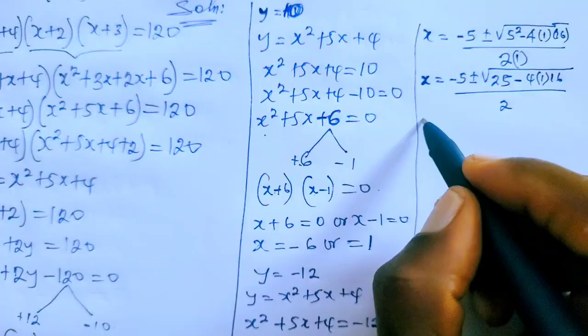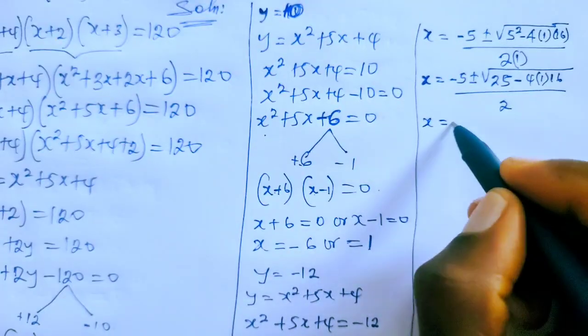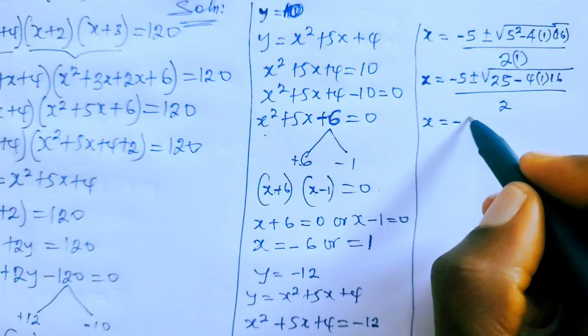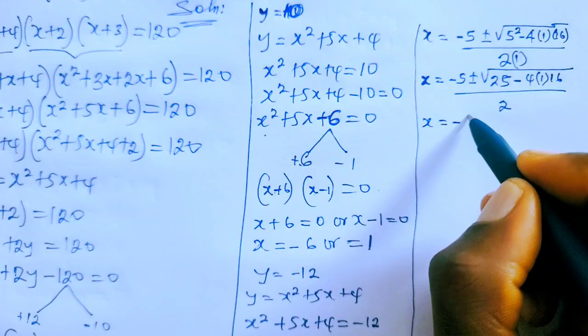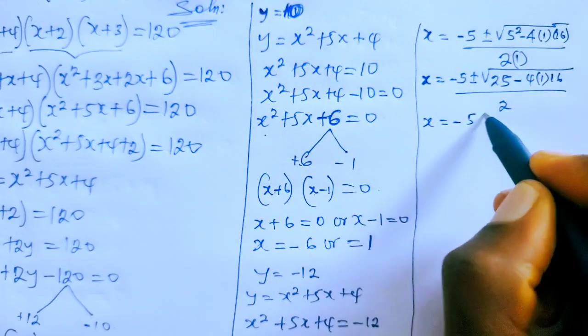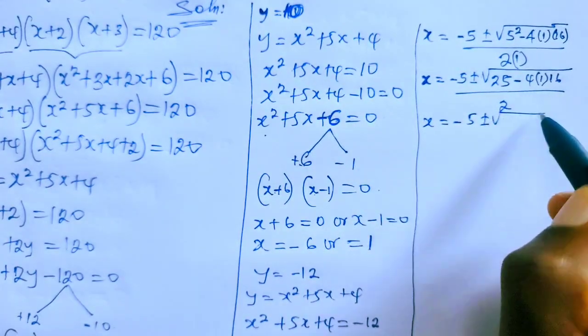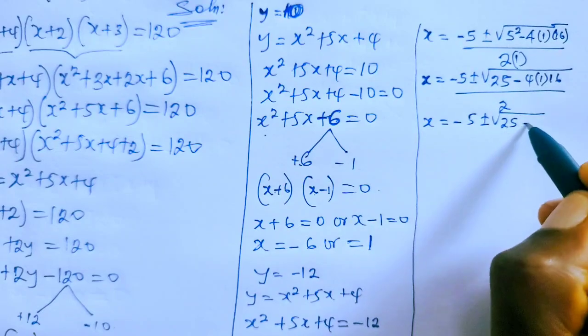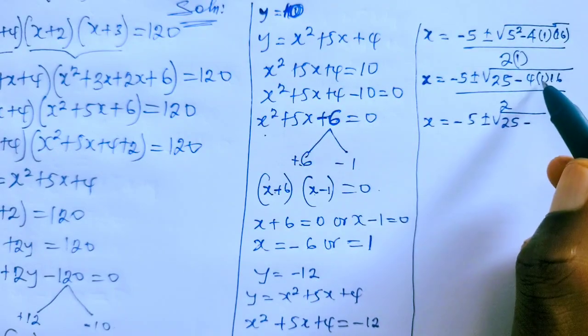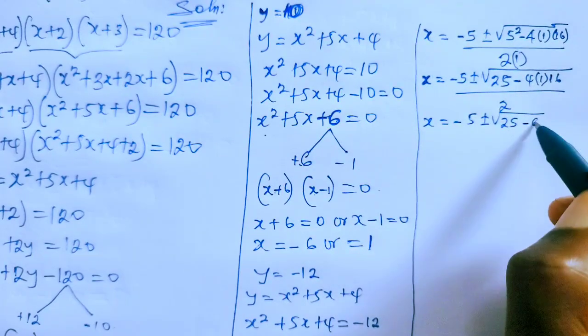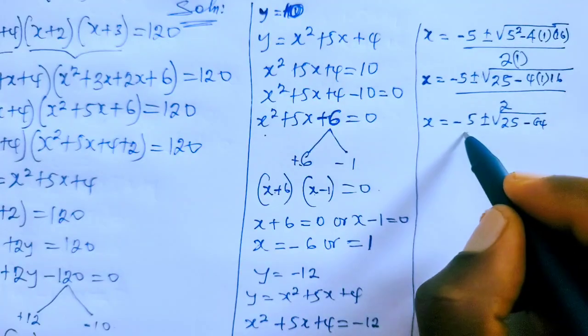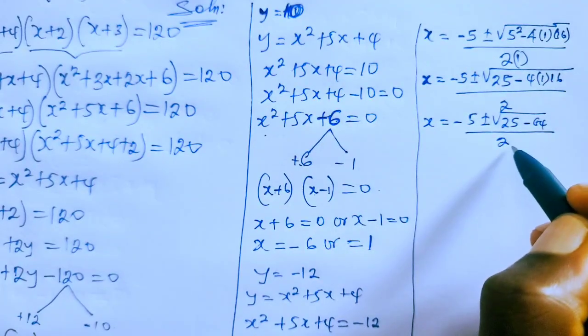Then at this point we have x equals minus 5, plus or minus square root of 25 minus 16 times 4, which gives us 64, all over 2.